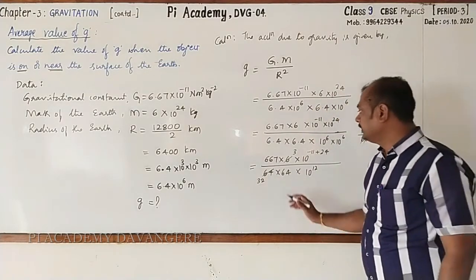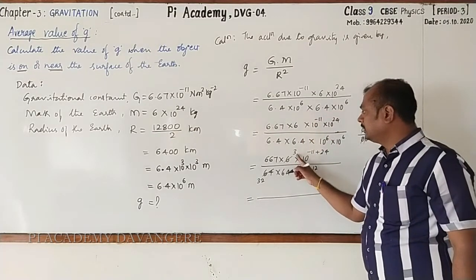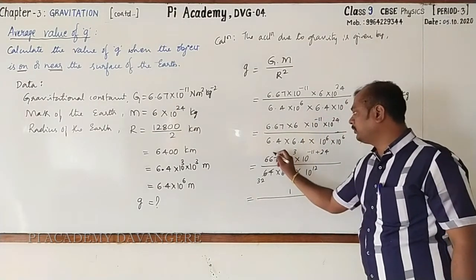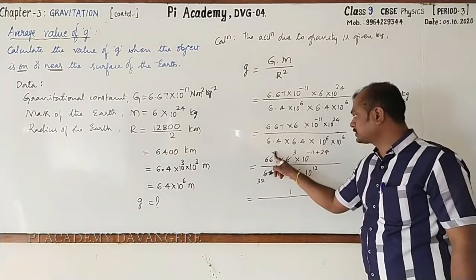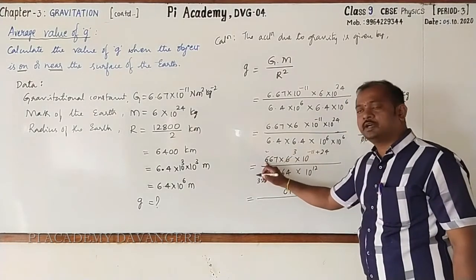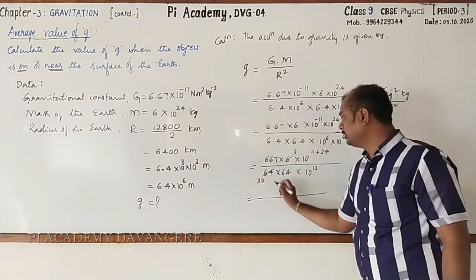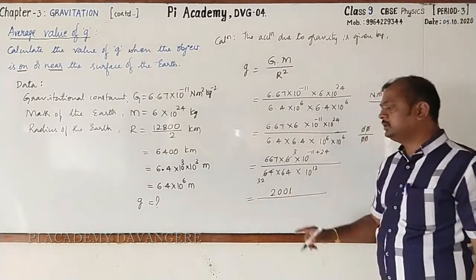Understood? Next, let us multiply these. 3 7s are 21, 2 is the carry. 3 6s are 18 plus 2, 20, 0, 2 is the carry. 3 6s are again 18 plus 2, 20, so 2001.